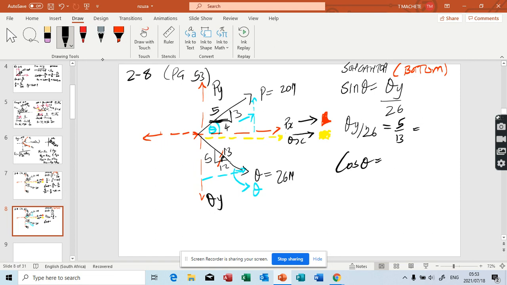Is it positive or negative? This side, what is the value of y? Y is negative this side, positive this side, and negative this side. So it has to be negative because it's going downwards. You need to write that side there. So let's go to the Q theta.